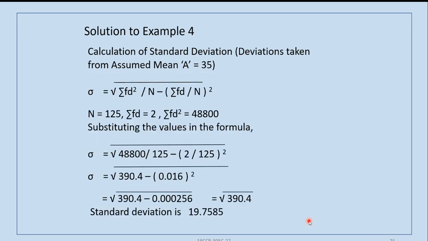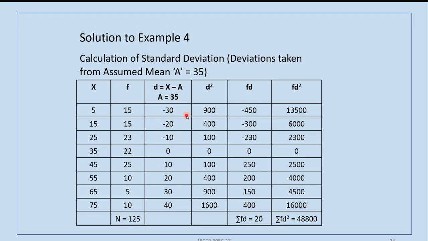The standard deviation formula is sigma is equal to the square root of sum of f d squares by n minus sigma fd by n whole square, where n is equal to 125 and sigma fd is 20.